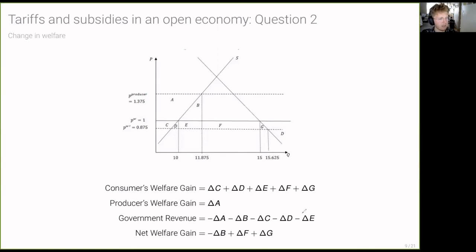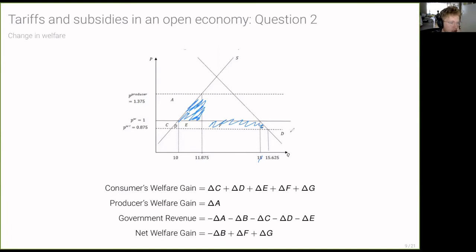And so finally, if we add up all those, what are the gains here? Well, the gains are the areas F and G for consumers. And what is the loss here? Well, the loss is that the government has to spend this area B, which isn't recouped by producers because it's not a rent above the price that they're receiving net of costs.